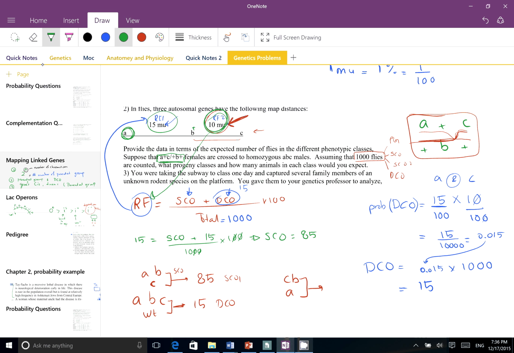So it's going to be 10 equals my second single crossover plus 15 over 1,000 times 100. This goes with this. 10 times 10 is 100.